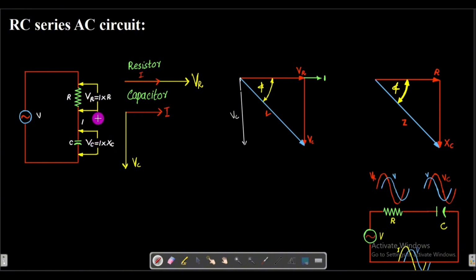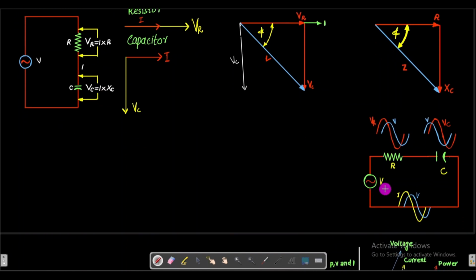By the head to tail rule, if we add VR and VC, it will give us this resultant, and therefore we put V here. So this diagram is explained here in this circuit.